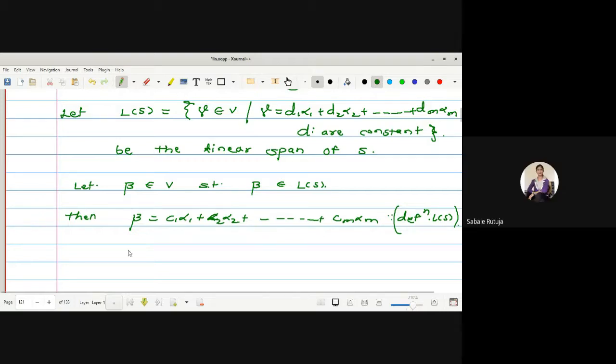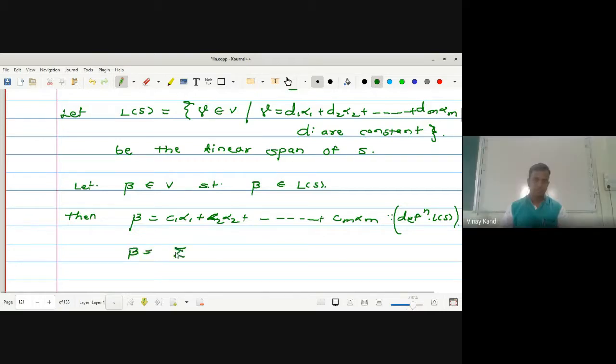So beta is equal to summation j running from 1 to m of Cj alpha j. Give it as equation number 2 in the summation form.